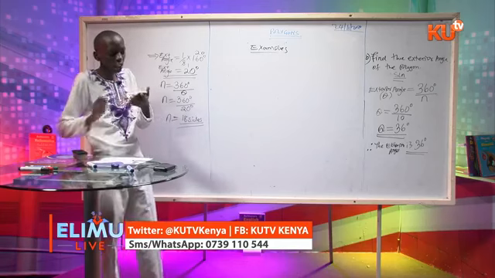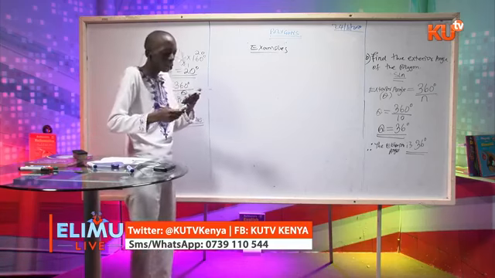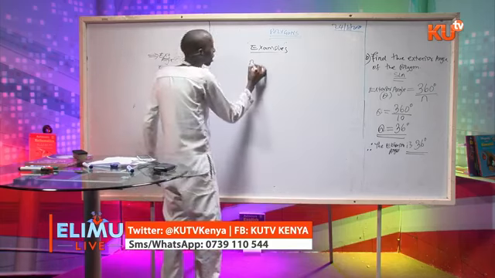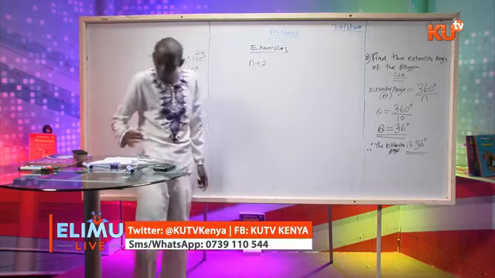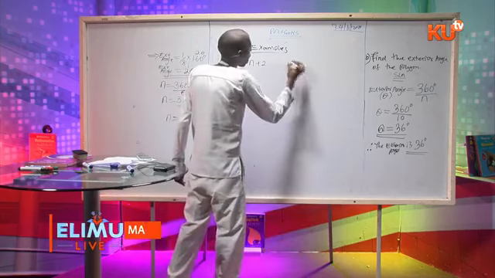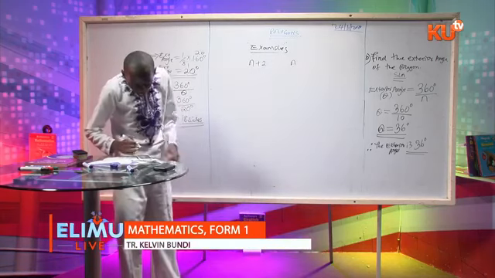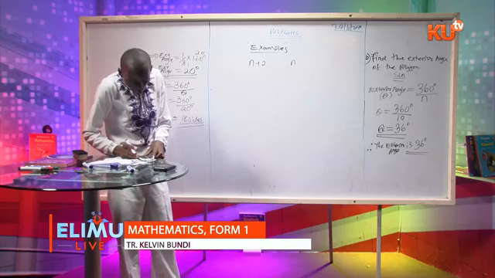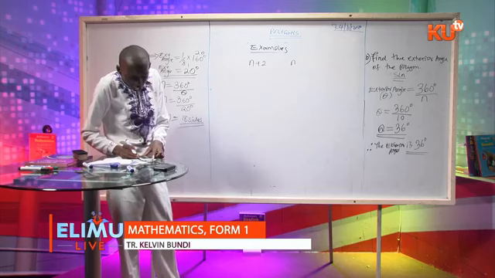The sum of interior angles of two regular polygons of sides n plus 2, that is one polygon, and n, that is another polygon, in the ratio 3:4. Calculate the sum of interior angles of the polygon with n sides.